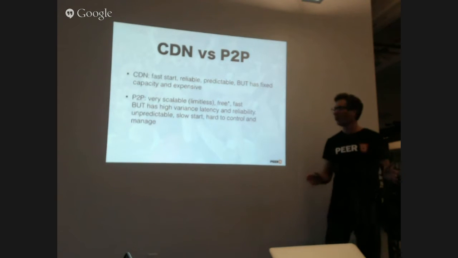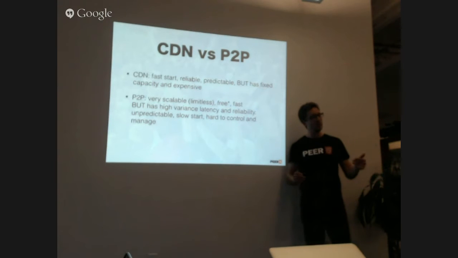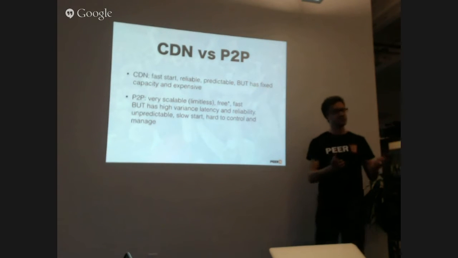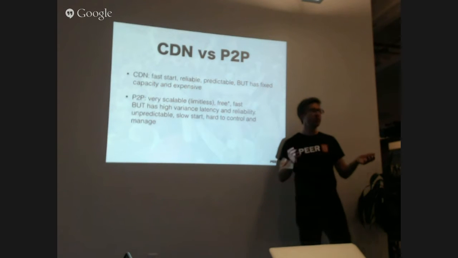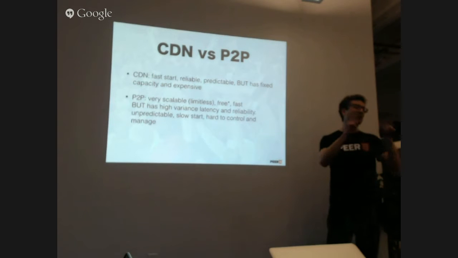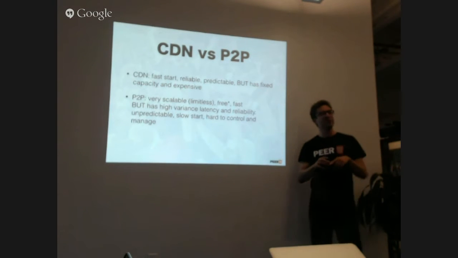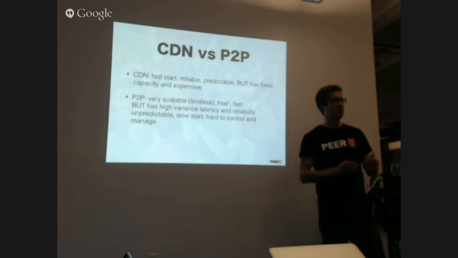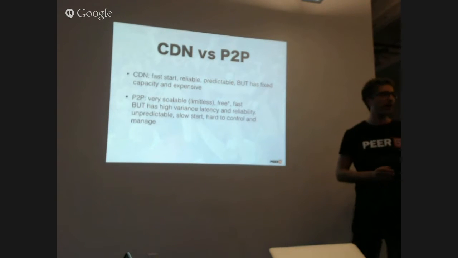Before that, nothing can happen. Then we need to communicate with the signaling server. Then we need to discover these peers. Once we discover these peers, we use the signaling server, we do NAT traversal, and only then can we start communicating. So a lot has to happen before we can actually get bytes from other peers.